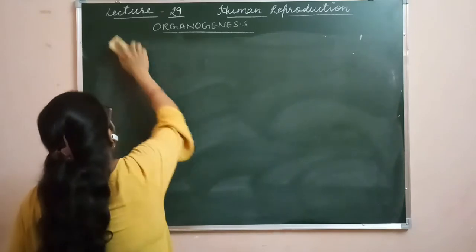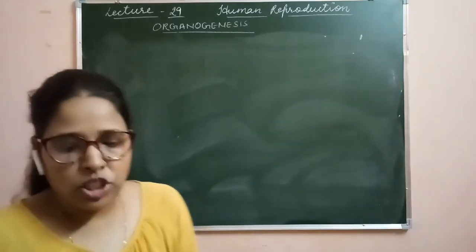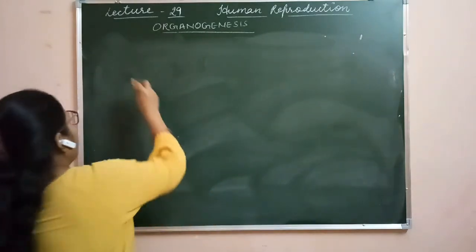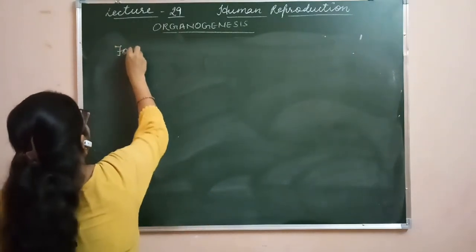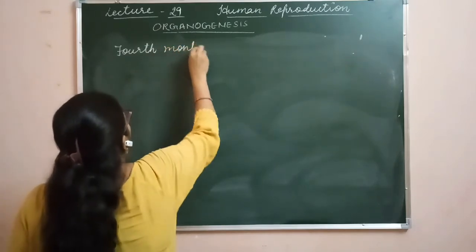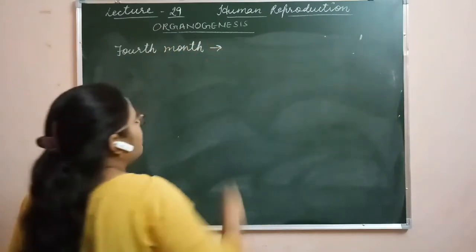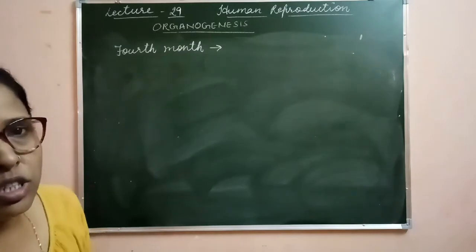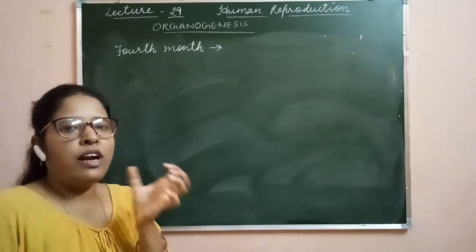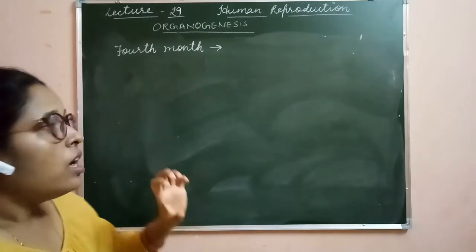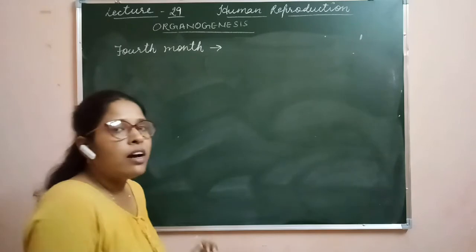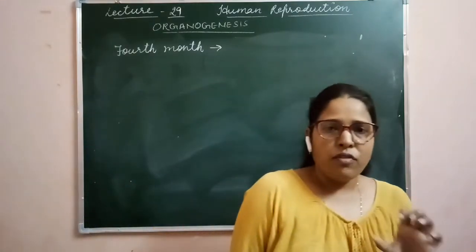Next, after the completion of the fourth month, what changes take place in the fetus? Many changes, of which the important one is that the fetus is almost well developed at the end of the first trimester. At the end of the fourth month, the medullated nerve fibers are formed.